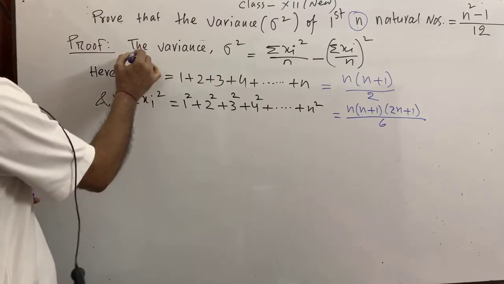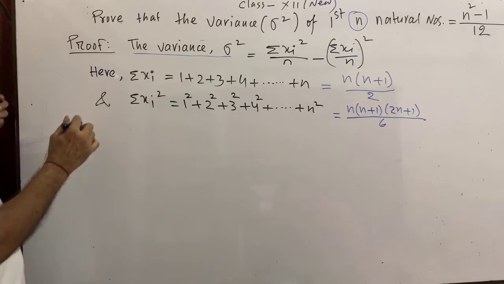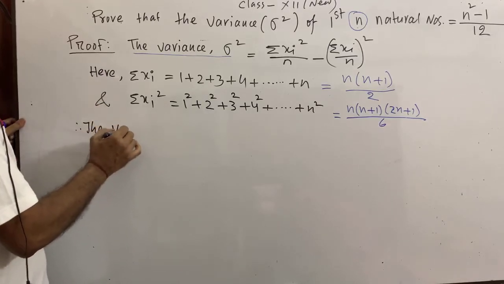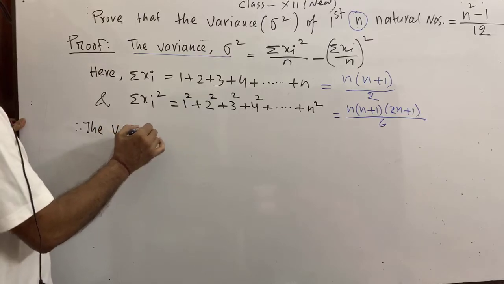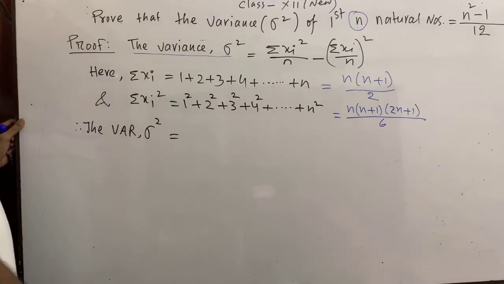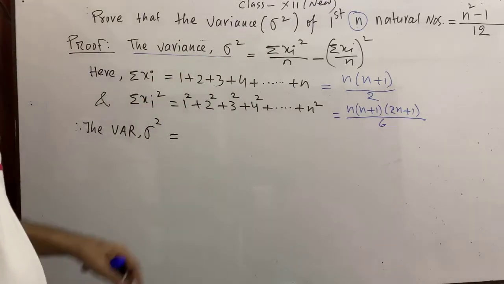Therefore, we can write here the variance, sigma square, is equal to, you put the value of summation of xi square. Please pay attention.